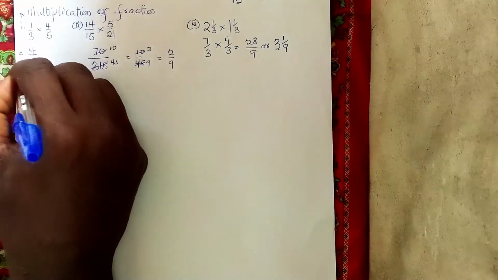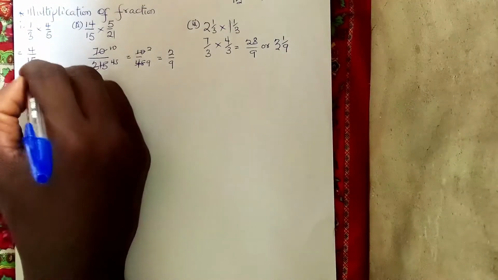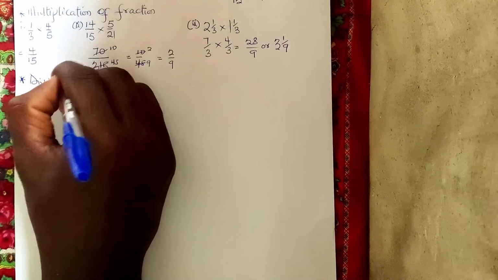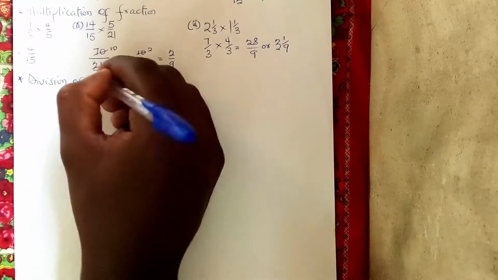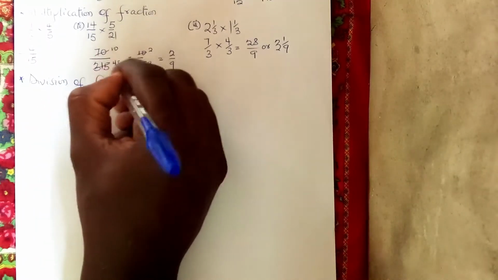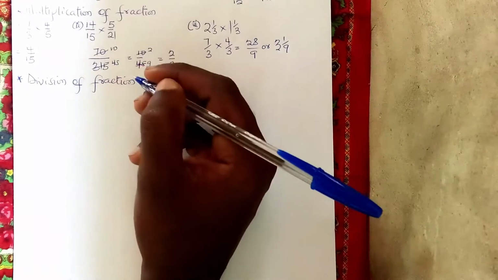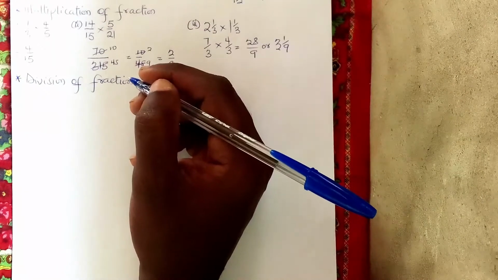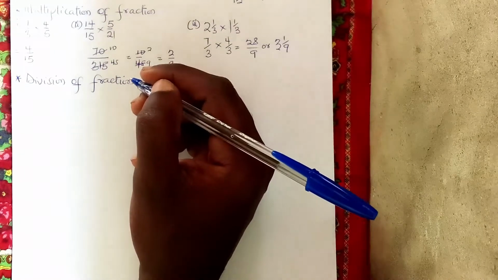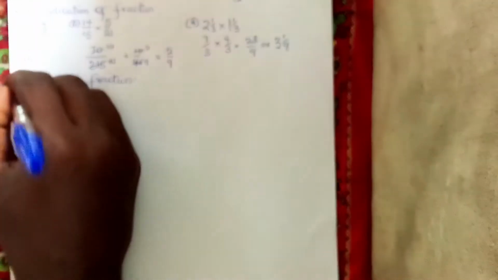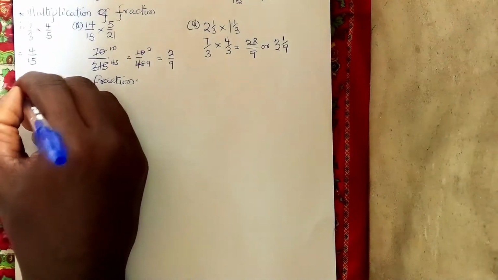The next on our list is division of fractions. This also does not include the use of least common multiple. So let's use an example to explain it. We have example 1.